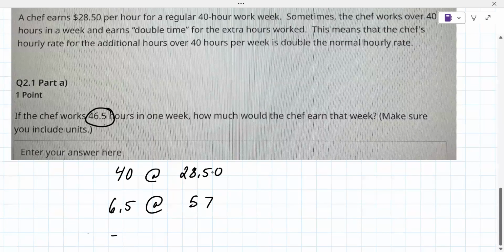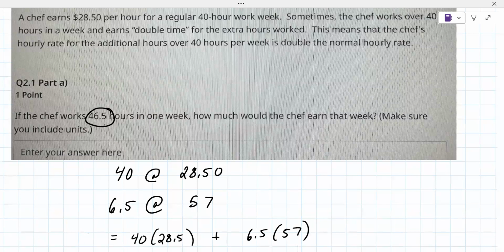So the chef's pay for the week is 40 times 28.5 plus 6.5 times 57.